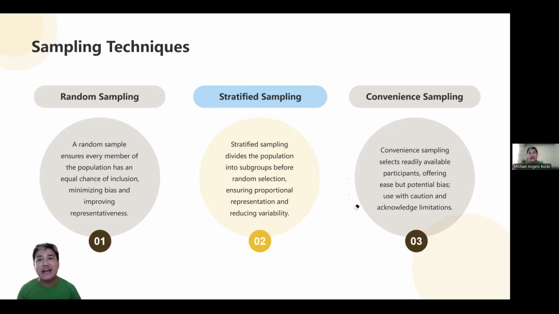Someone has asked me, sir, are we going to make use also of the t-test? Okay, so we also have the t-distribution. We have talked about random sampling. There are also non-probability sampling methods, like convenience sampling.